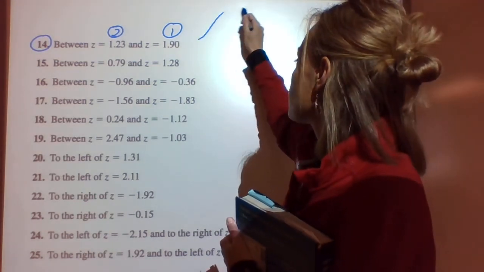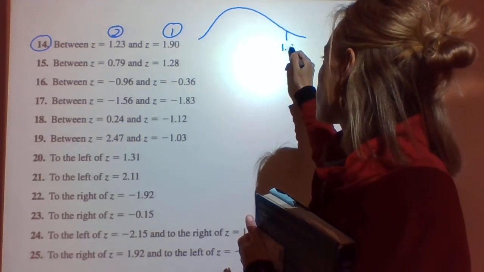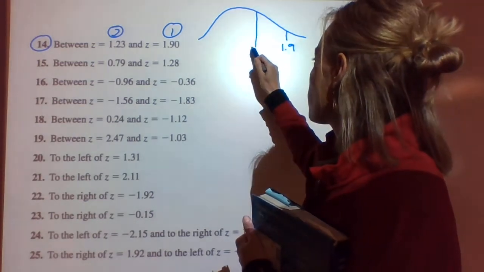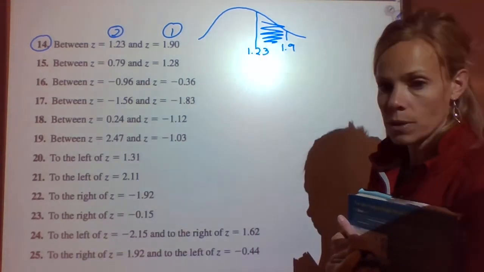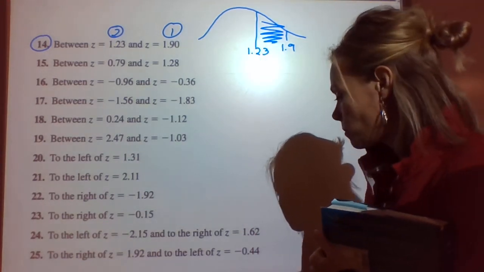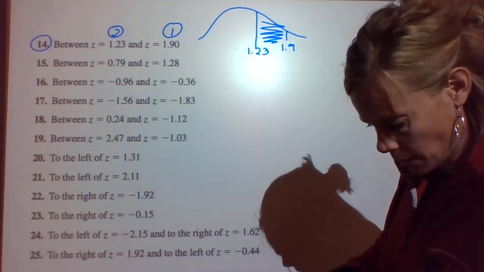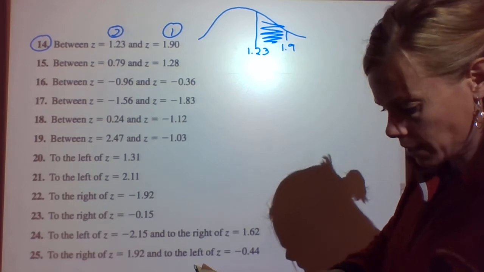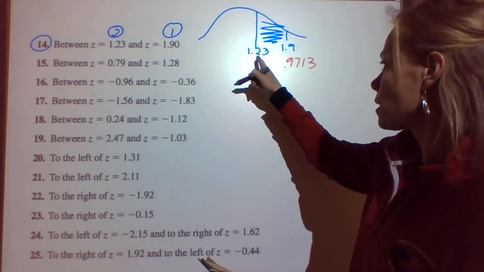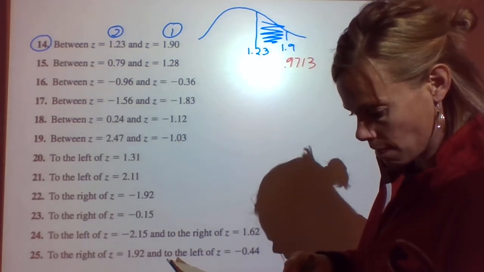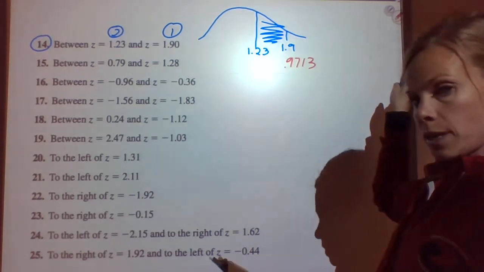So if I'm confused and I want to sketch this out, I can put in 1.9, I can put in 1.23, and I can see it's like this, area in between. So I'm going to look up 1.9, and 1.9 is 0.9713, and then I'm going to look up 1.23, right? Not the opposite, even though it's to the right, it's not all the way to the right.